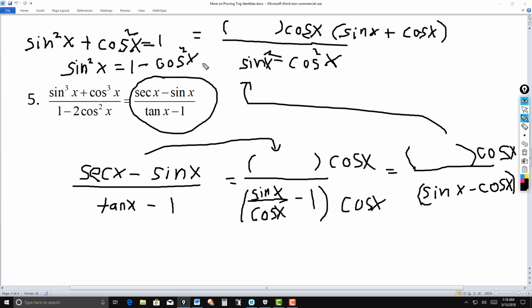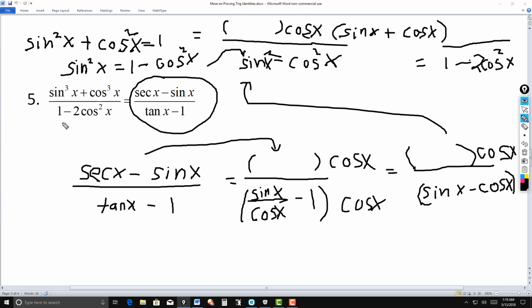So this can be replaced right here. That gives me 1 minus cosine squared x minus cosine squared x, which equals 1 minus 2 cosine squared x. So I got exactly what I want in the denominator, 1 minus 2 cosine squared x.